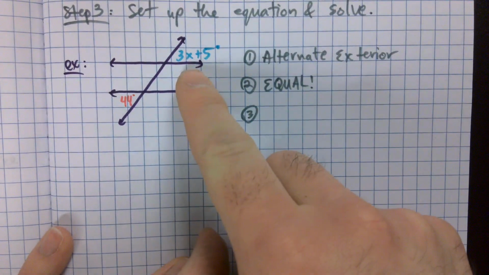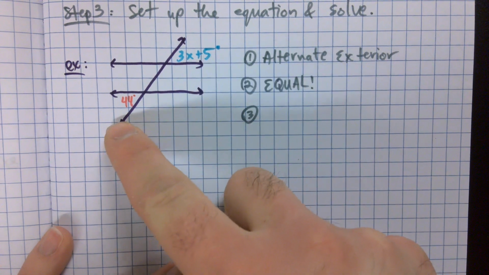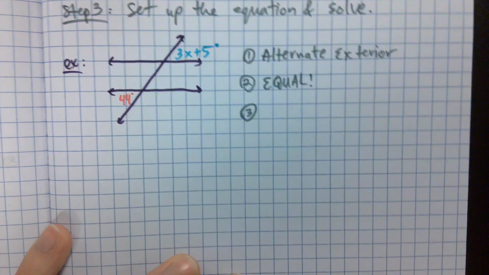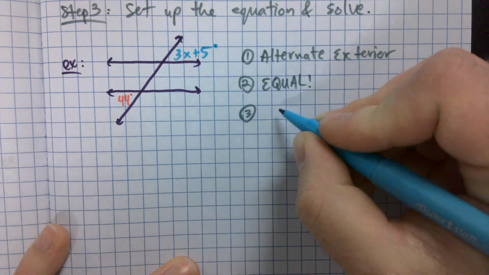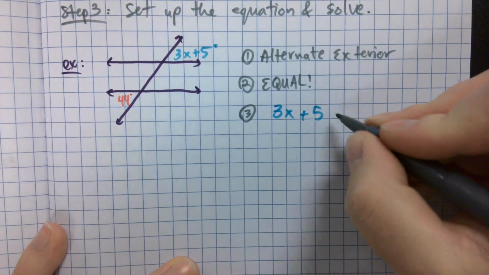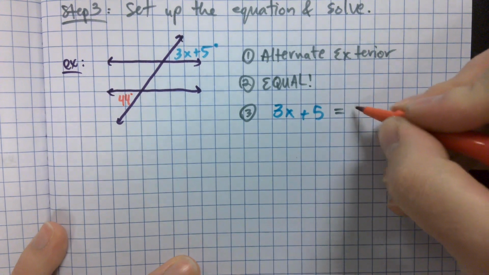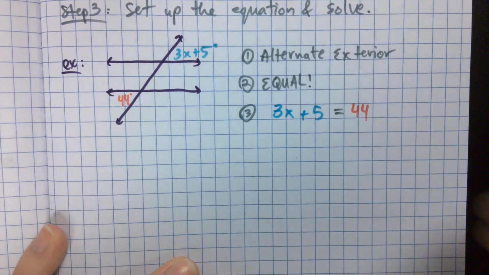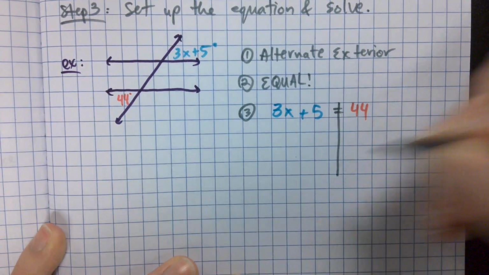So we can just set the blue angle equal to the red angle. 3x plus 5 equals 44. And now we solve.